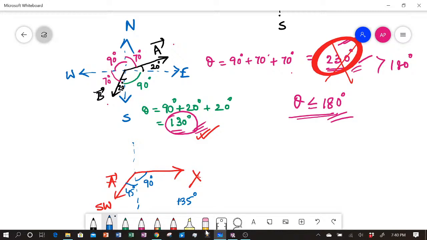See, yes, Ravi, I have told you to take the smallest angle.